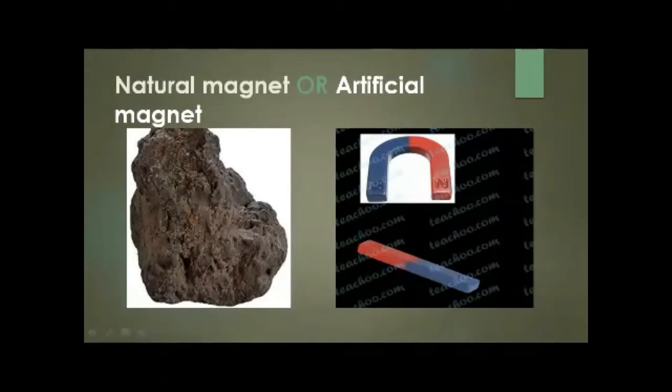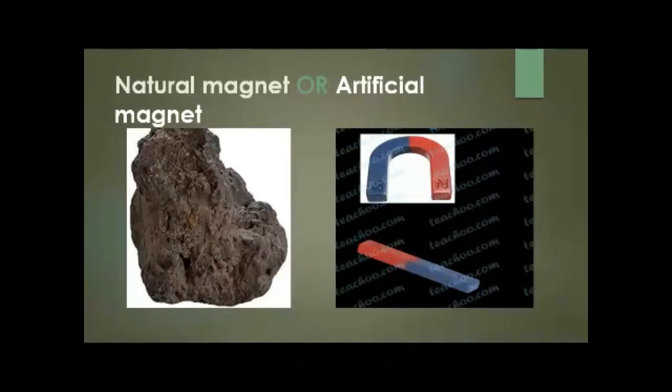They have a proper shape like a U shape, and this magnet is a bar magnet. Artificial magnets can be made in different shapes and sizes. They are strong magnets and are made from materials like iron. Kindly take a screenshot of this picture. It will be helpful for you.